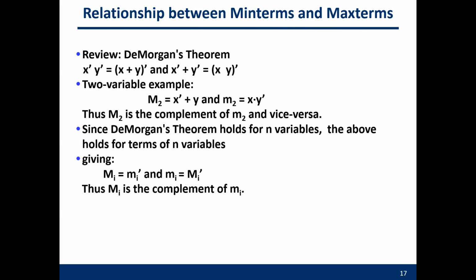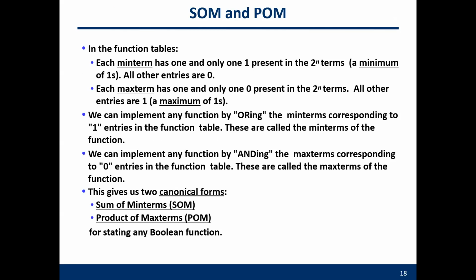And the capitalized M i is the complement form of the smaller m i. Then each row corresponds to one and only one minterm or maxterm. We can implement any function by ORing all the minterms corresponding to 1 entries in the function or truth table.